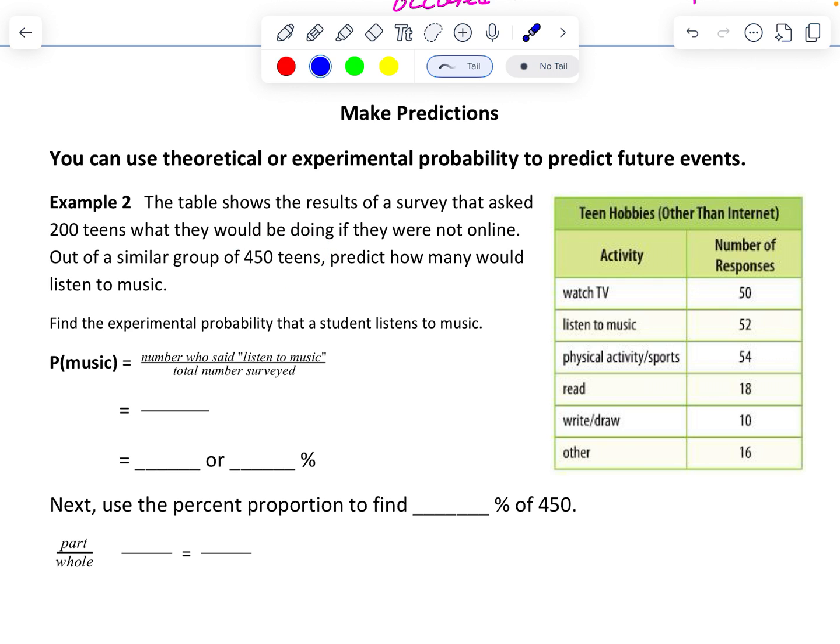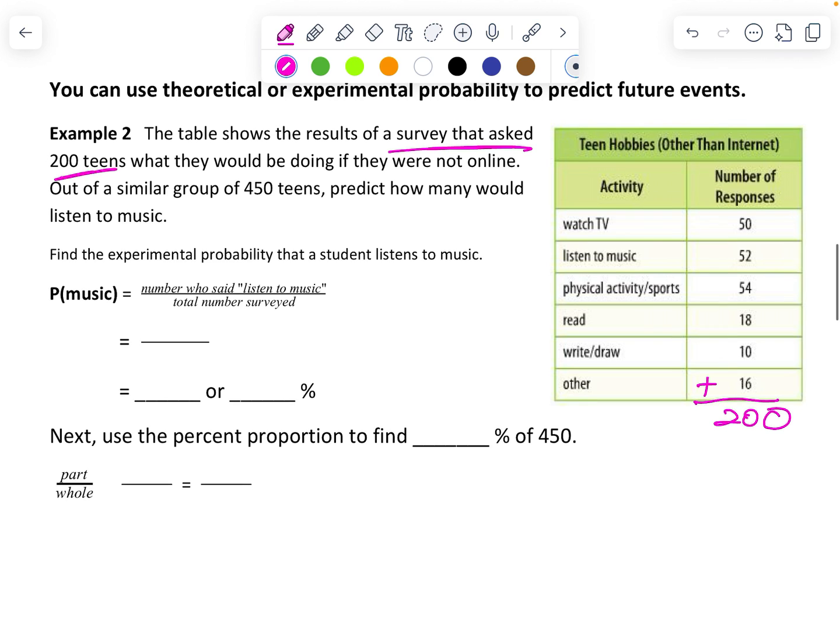So this is a survey of 200 teens total. How many will listen to music? 52 answered they'll listen to music.